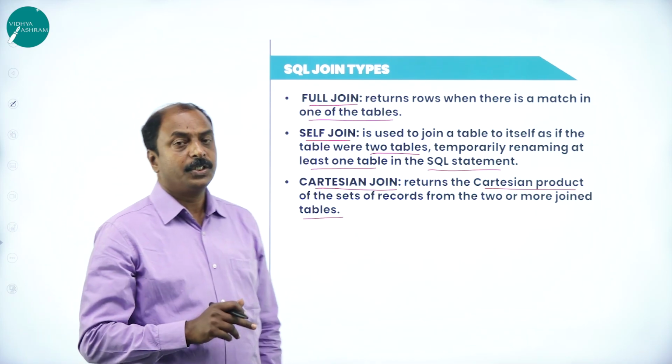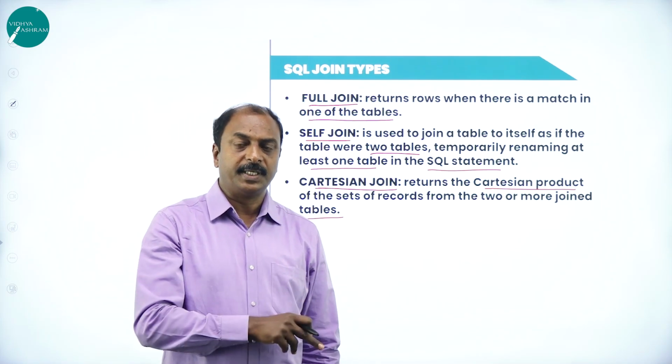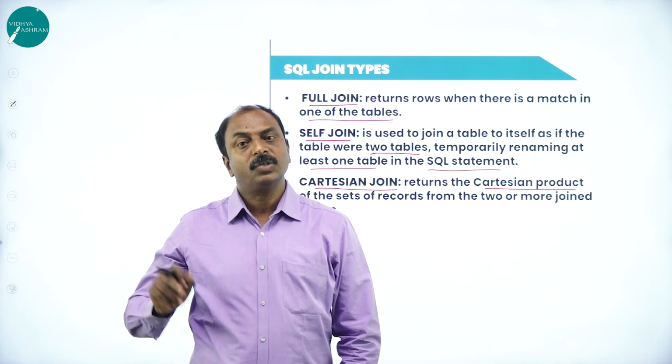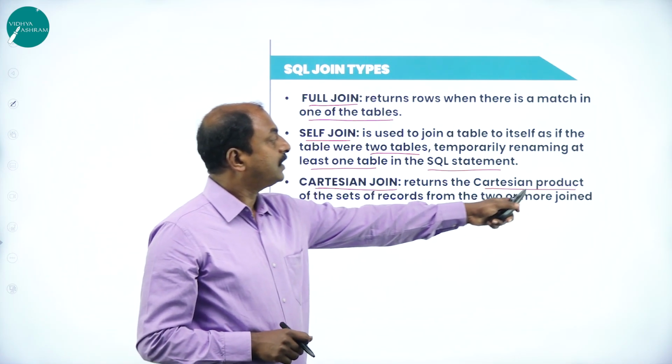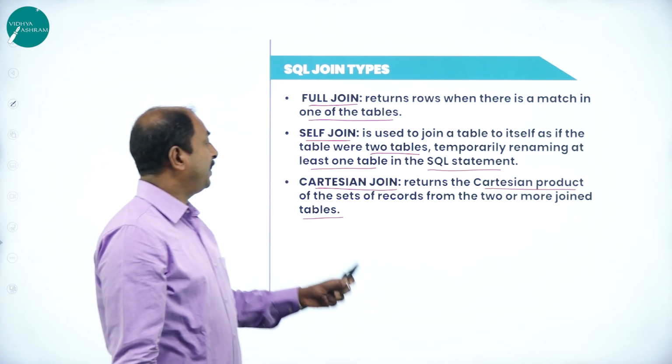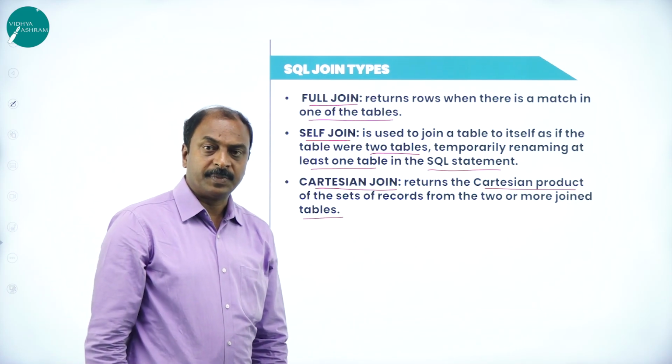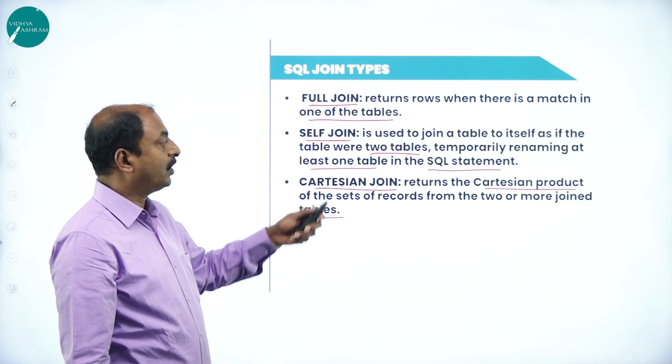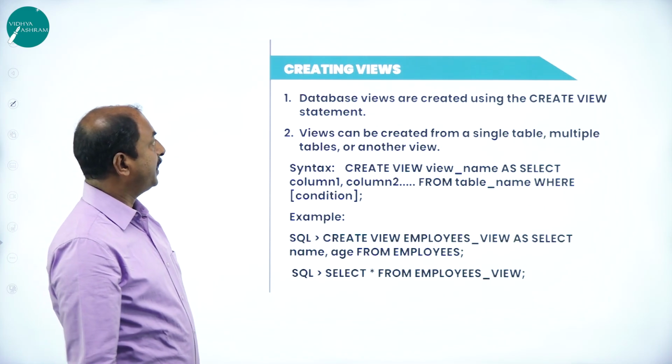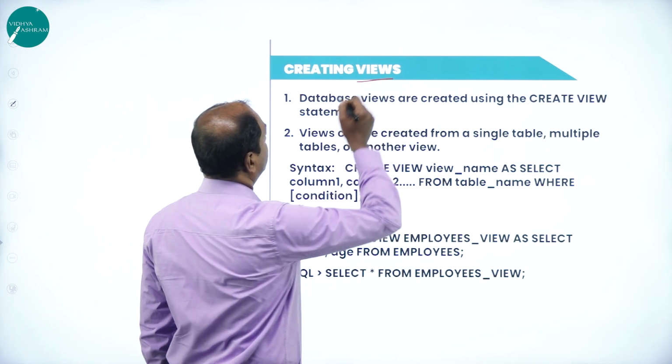Similarly, this continues for all the records of one table with all the records of another table. That is the Cartesian product. So it results in a separate table with the result. That is Cartesian join.